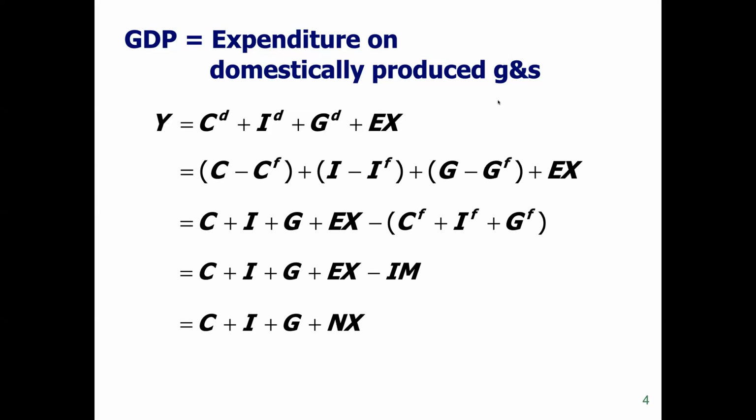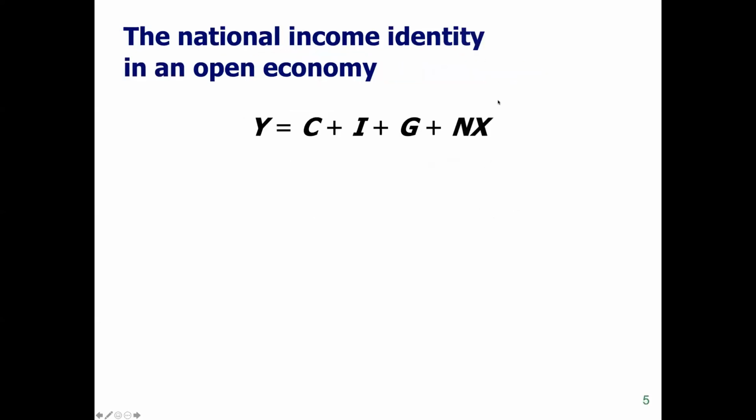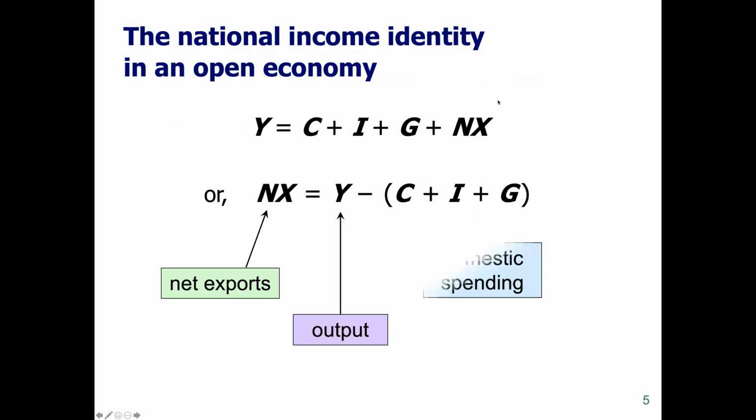So C plus I plus G plus NX equals Y is the open economy version of that familiar equation. We've said C plus I plus G equals Y for a while. Now we've got to add net exports because it's an open economy that we're thinking about. There we go. Now, let's rearrange that equation, and then we see that net exports is equal to output minus domestic spending.